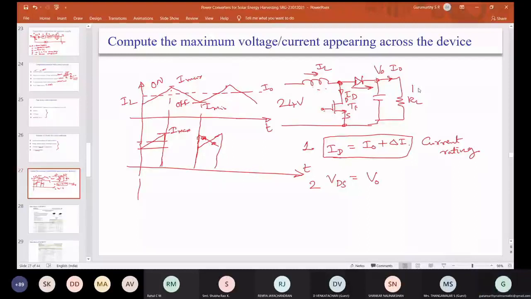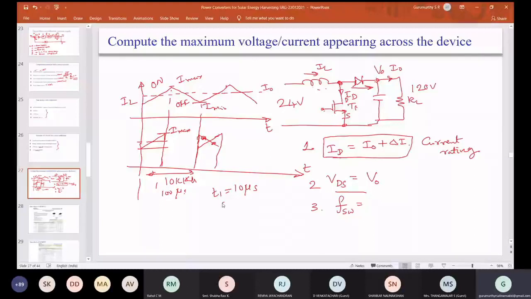Then third one is switching frequency. Suppose you are deciding some 10 kilohertz, let us say. A switching frequency of 10 kilohertz means it will become a 100 microsecond period. So if you are taking 10% duty cycle, it will become 10 microsecond. 10 microsecond is your T1 or on time.